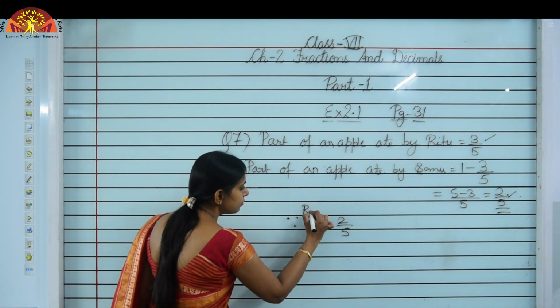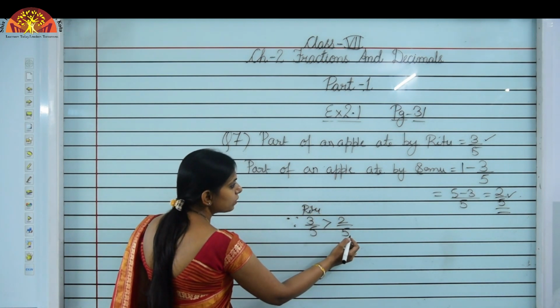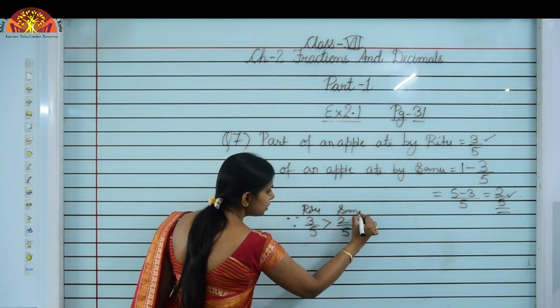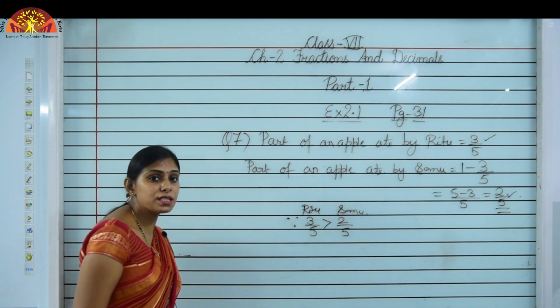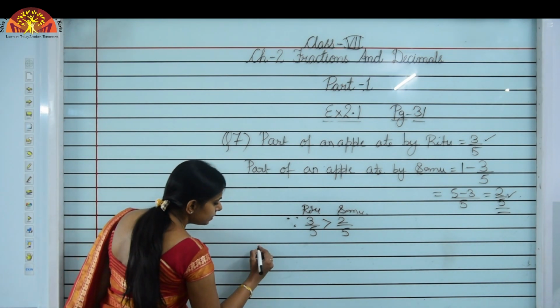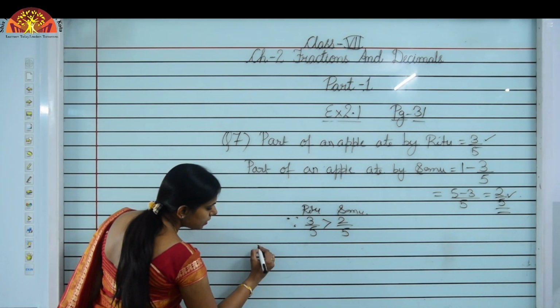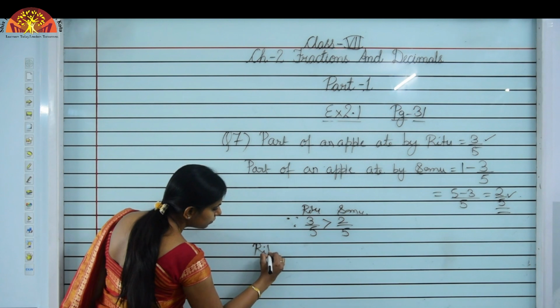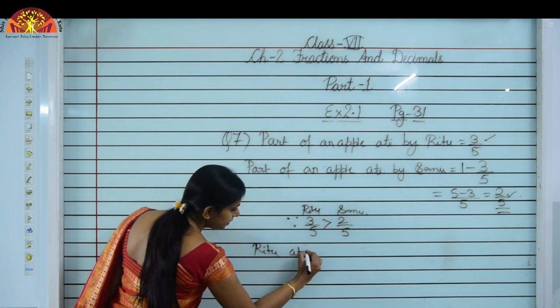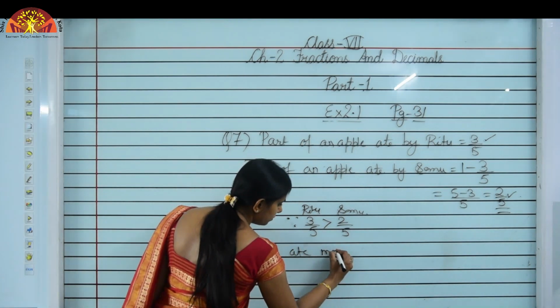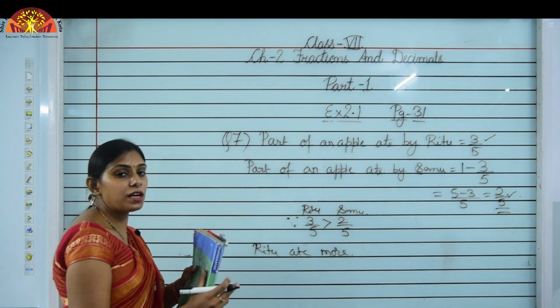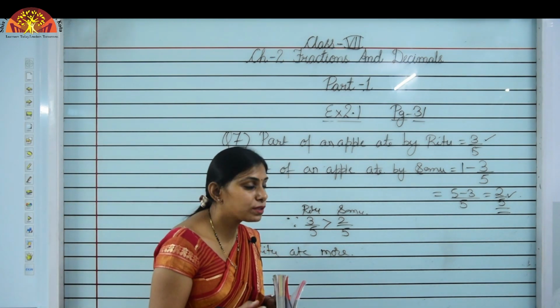That is Ritu. And 2/5 part, who ate? That is Somu. So which is greater? Obviously 3/5 is greater. So we can write that Ritu ate more. That is, the part of apple eaten by Ritu is more.